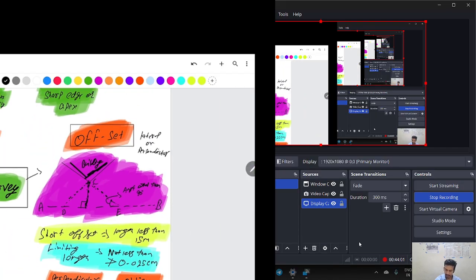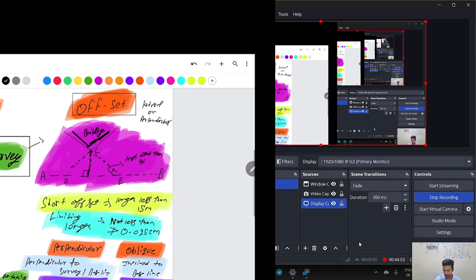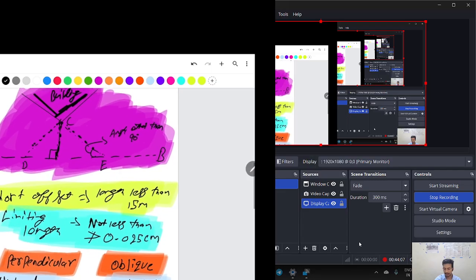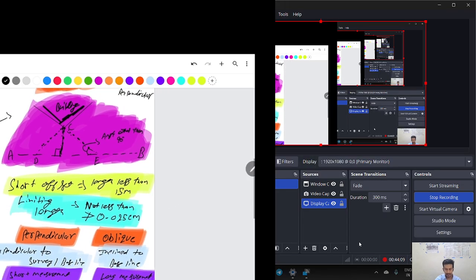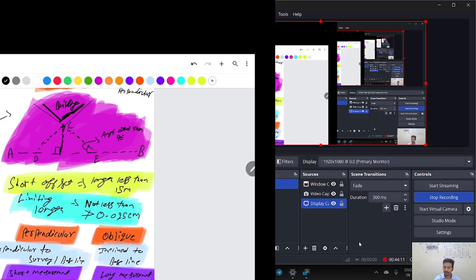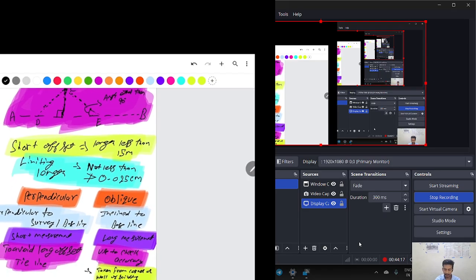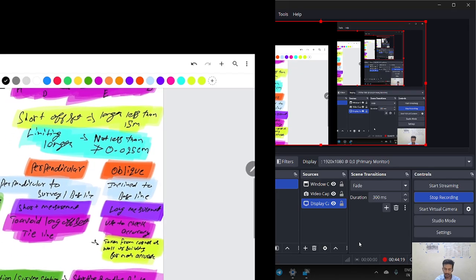Short offset is length less than 15 meters. Limiting length not less than 0.025 centimeter. There are perpendicular and oblique offsets. Perpendicular offset is perpendicular to the survey baseline. The oblique is inclined to the baseline.